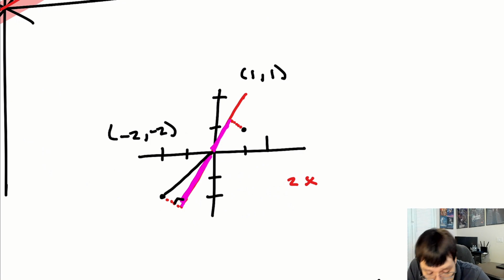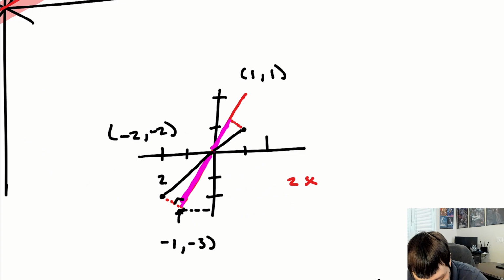Well, we could do some Pythagorean fanciness for that, but I'm just going to go ahead and guess it based on the distances here. So this is 2, and this point here is at about -1, -3. Let's just guess that's the case, okay?